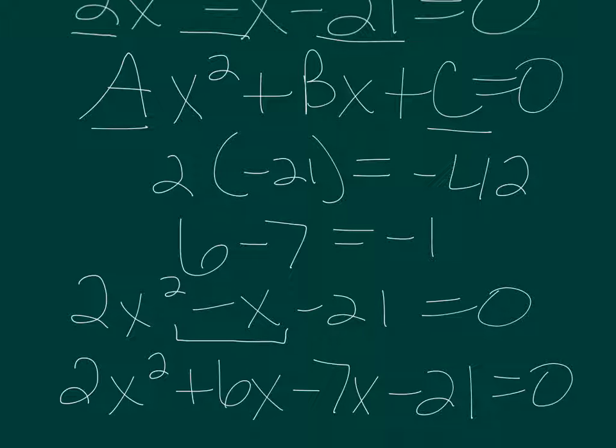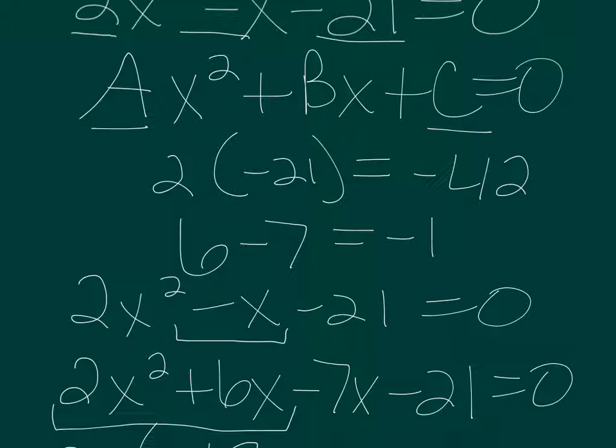Now that I've separated that middle term, I'm going to look at these first two terms and ask, what can I factor out of these two terms? So look for a greatest common factor. 2 is a factor of both 2 and 6, and they both have an x, so I can factor out a 2x. 2x squared divided by 2x leaves x, and 6x divided by 2x is 3.